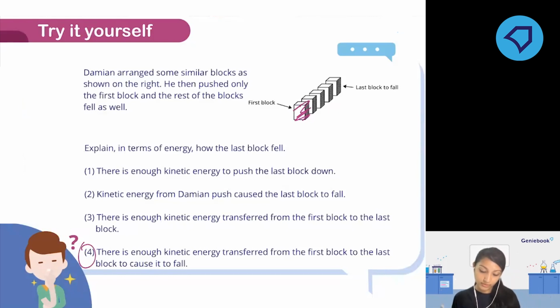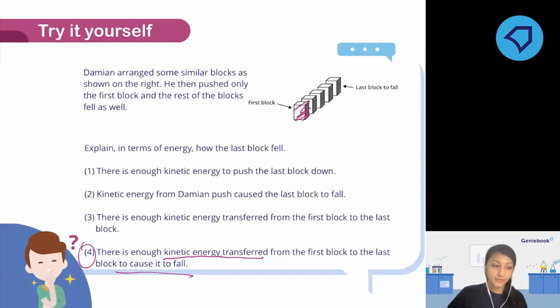First of all, it mentioned that there is enough kinetic energy transferred. When you push and everything falls down, there is kinetic energy transferred from the first block all the way to the last block. So this is the claim, and then the evidence is from the first block to the last block, causing it to fall. That's why 4 is the best statement compared to the rest. Not just because it's the longest statement, but because it does fulfill the CER parts.